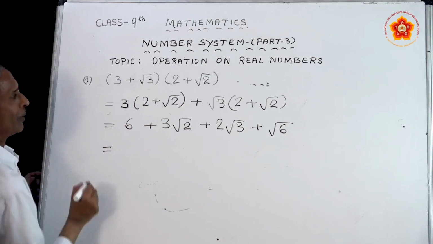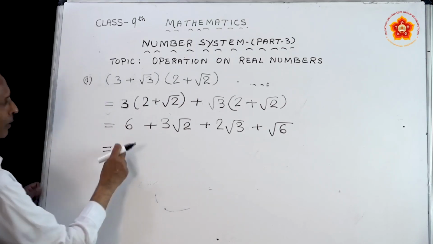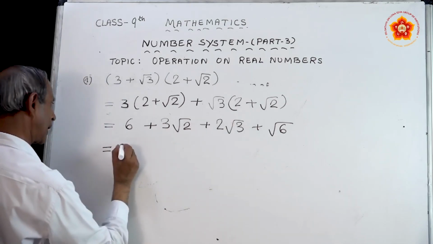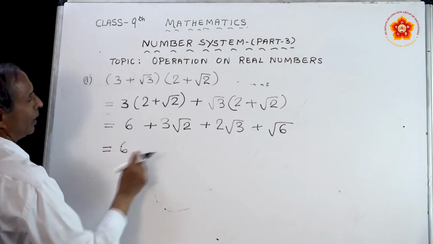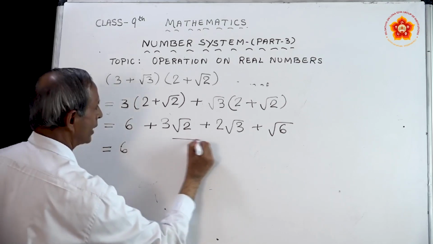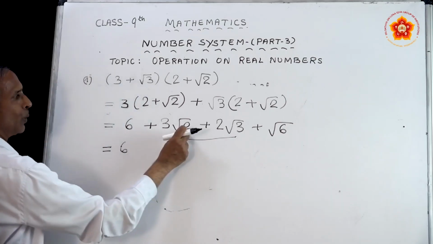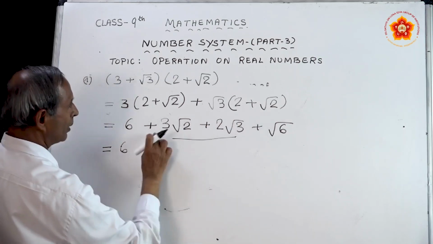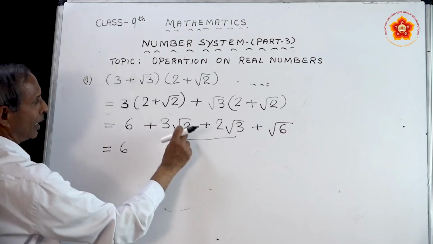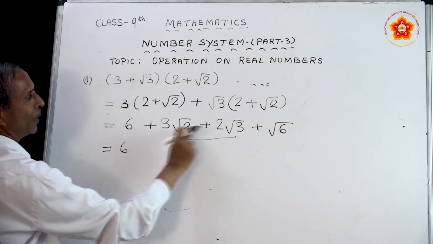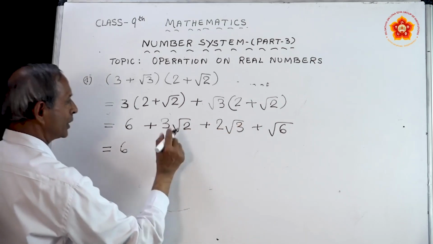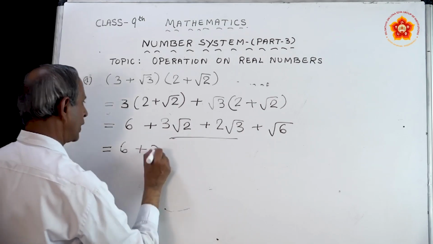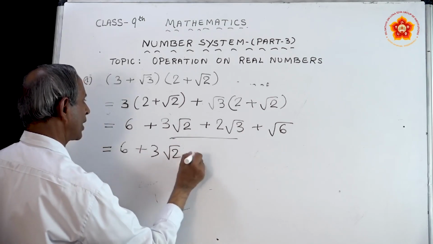Now let us simplify once again. 6 is there, no other like terms are there, so write 6 as it is. Now 3 root 2 and 2 root 3: here root 2 is there, but there root 3 is there, therefore these cannot be added. So the final answer remains the same, you can't add them because they are unlike terms.